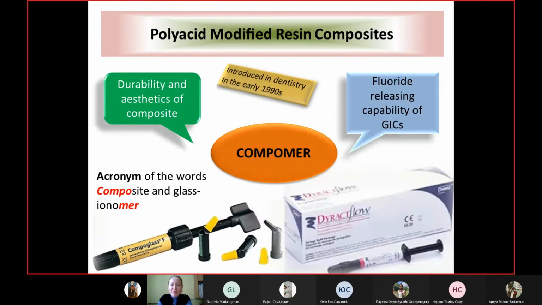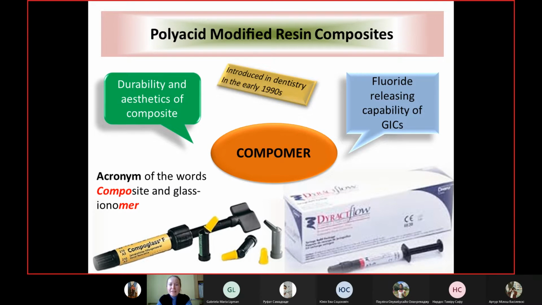We move further, and now we are talking about Compomer. It is polyacid modified resin composites. Right now, this is an old-fashioned name, and modern dentistry uses the name Compomer. And actually, it's an acronym of composite and glass ionomer.